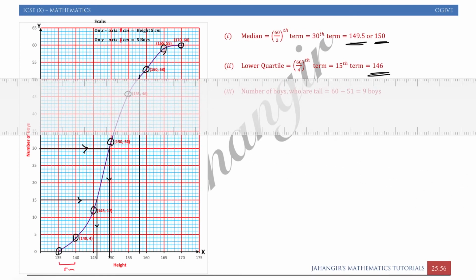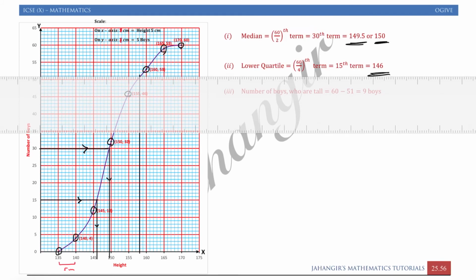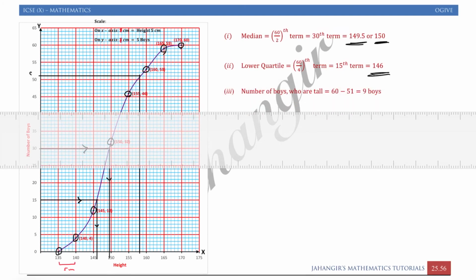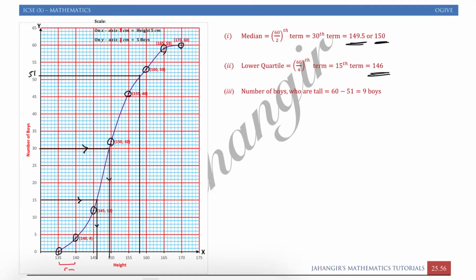I can say it as 51.5 or 50.5. So I cannot take it as 50.5 because boys are not in decimal. Boys cannot be written in decimal. So I will take exact 51. So this is 51. Therefore number of boys who are taller is 60 minus 51, which is 9.